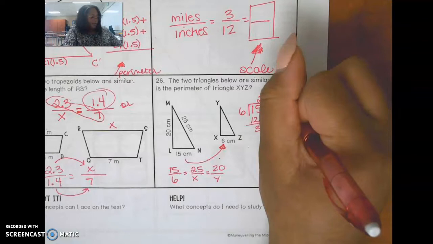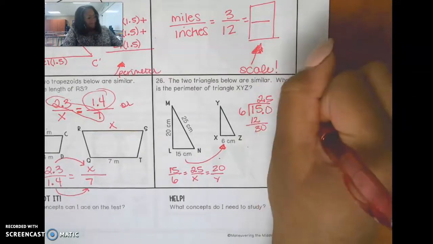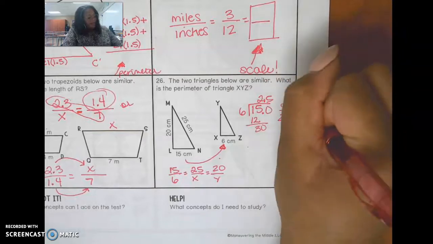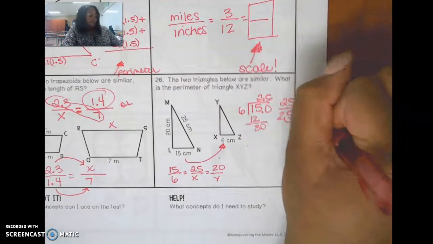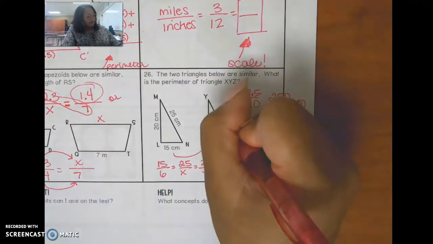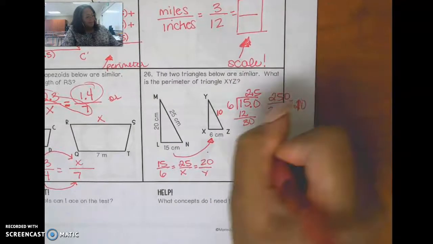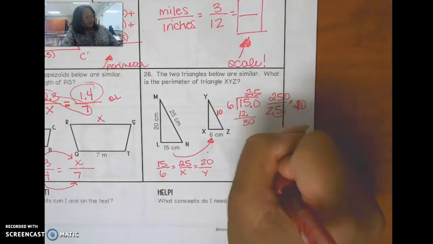I have a 0, move this over. That's 10. So this side over here is 10. And then 20 divided by 2.5.